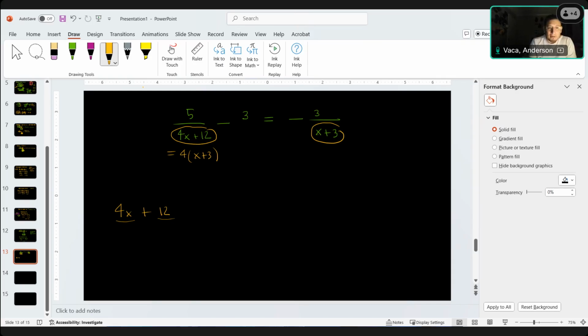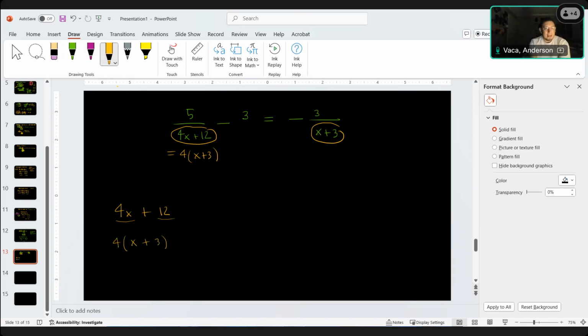I can divide this by 4. I can also divide this by 4. So I can show that by taking a 4 out and then dividing by 4. That's why we get 1x, and that's why we get a 3. Okay?